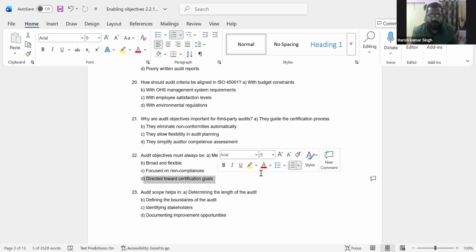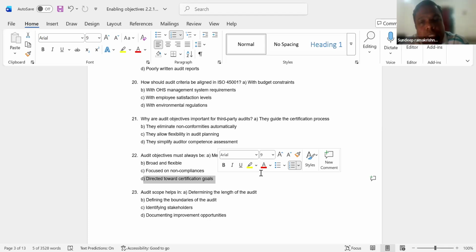I also don't agree with option A, sir, because the audit objectives are not for guiding the certification process. Its main purpose is for the audit, and the third party auditors will plan according to those objectives only. Third party audit is not only for providing certification, so it cannot be merely guiding the certification process. It is for the improvement of the OHS system.